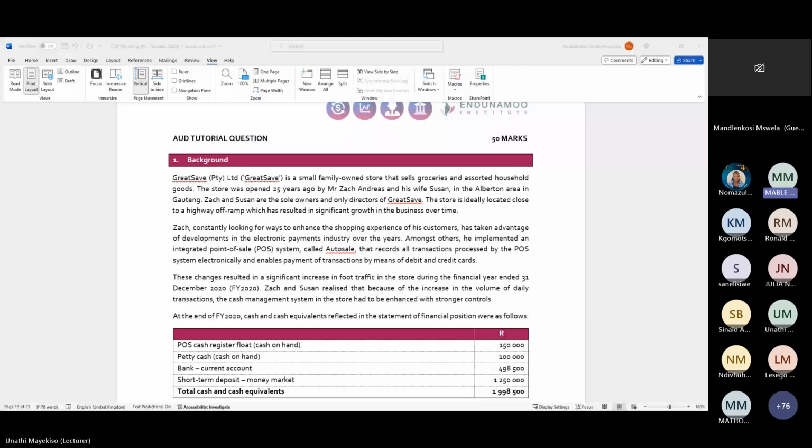Hi, Unati. I think on my side, when I was reading the scenario, I thought maybe they're going to ask about the revenue cycle. So when the required wanted cash and cash equivalents, I was a little bit thrown, because of my expectation from the scenario and what was required.